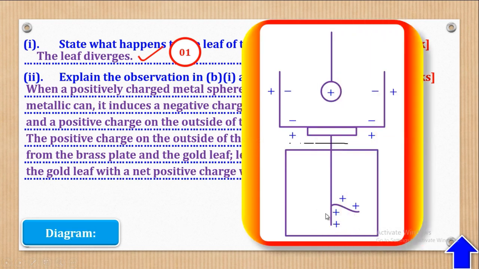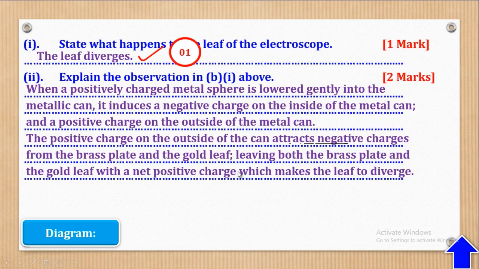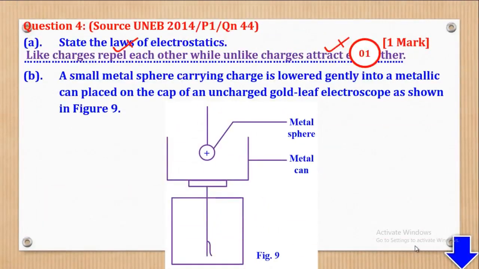So these will remain with a positive charge, and since like charges repel, it means that the leaf will diverge. So basically that's what they wanted, and now let's see how marks could be awarded. That is half a mark, half a mark, half a mark, half a mark. So basically that's how the 2 marks could be got in this part. So that has been question 4.